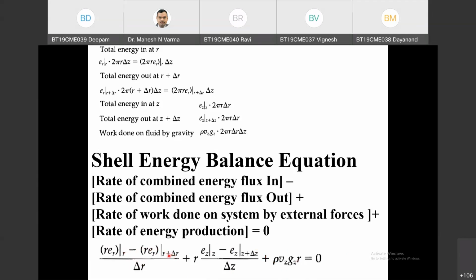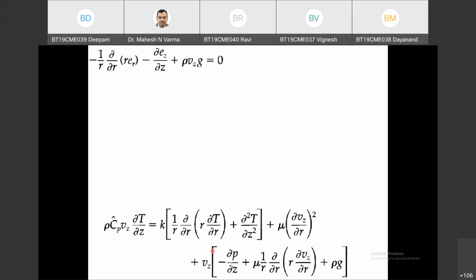First of all, this R plus delta R minus R divided by delta R. First of all, you need to multiply it by -1 and use the definition of differentiation.